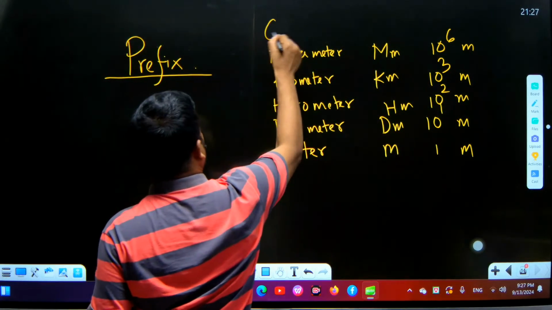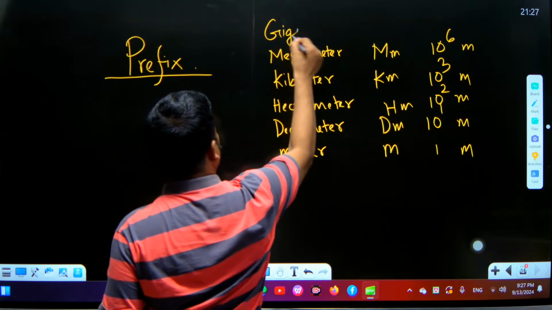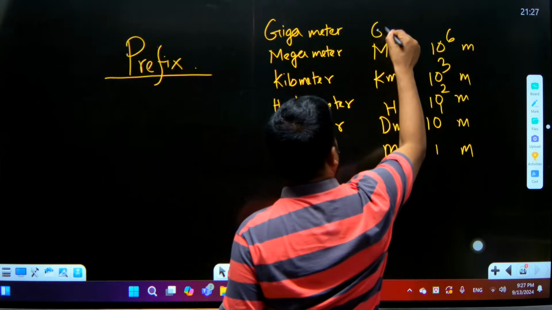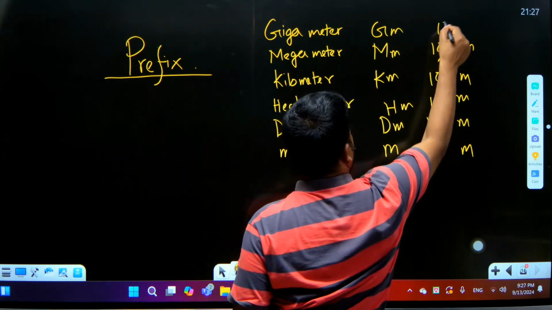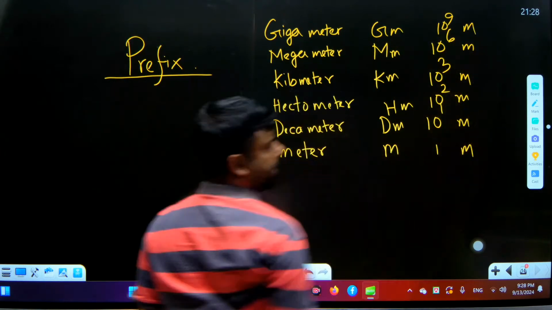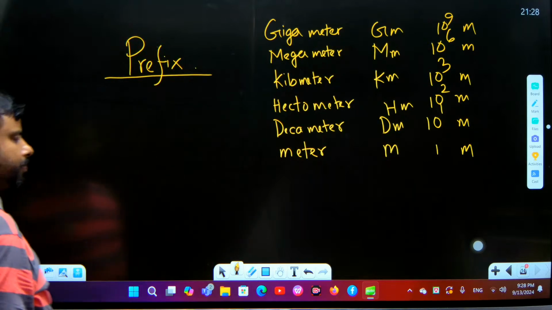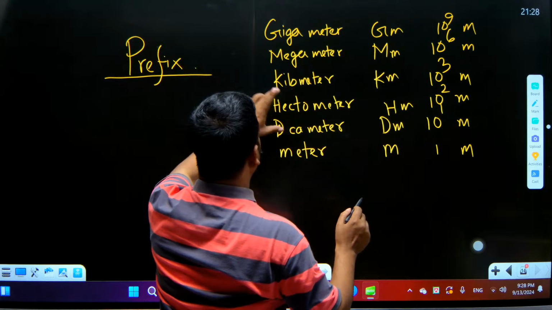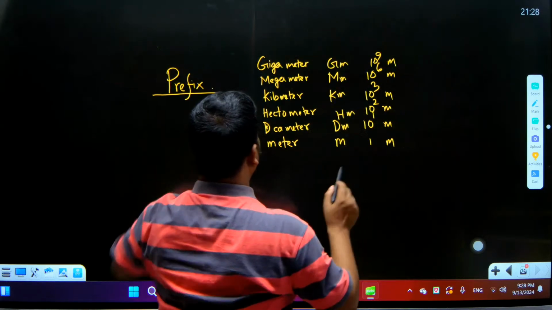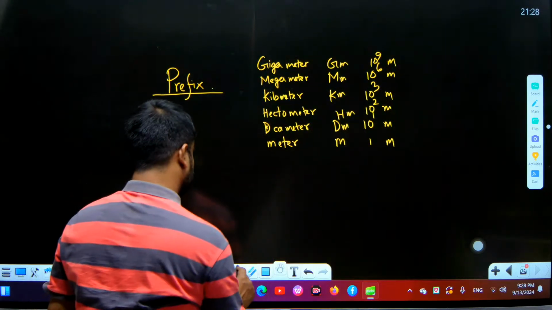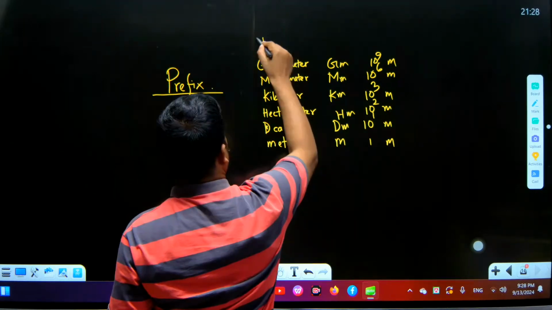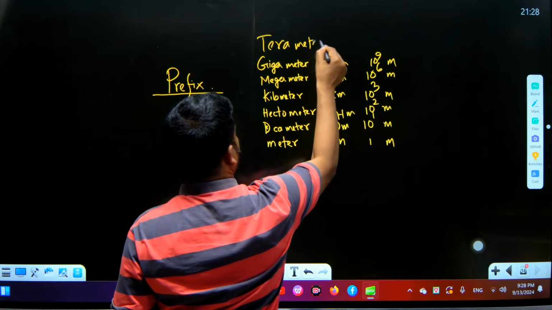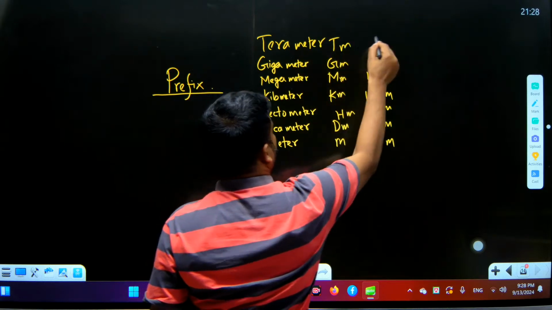Then giga, we use gigameter, capital G, 10 to the power 9 meter. So we use terameter, capital T, 10 to the power 12 meter.